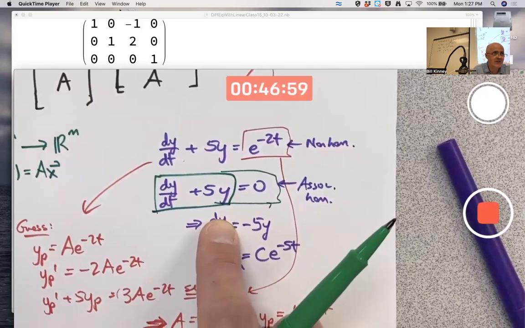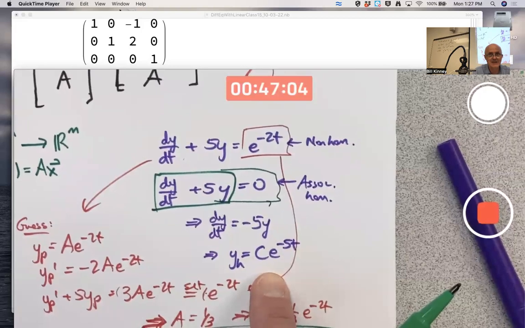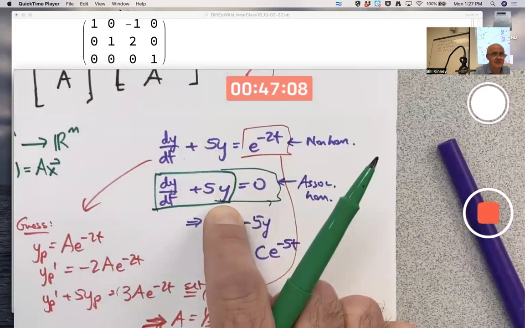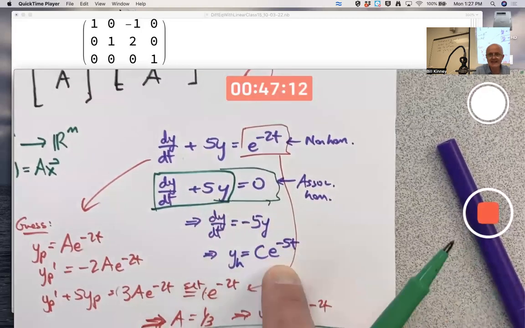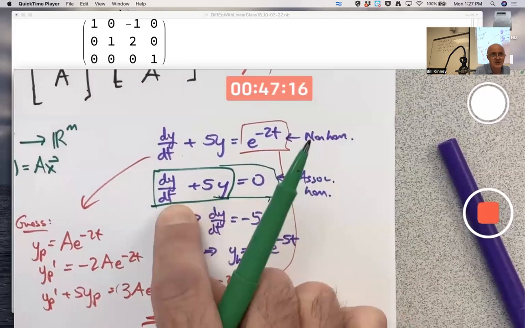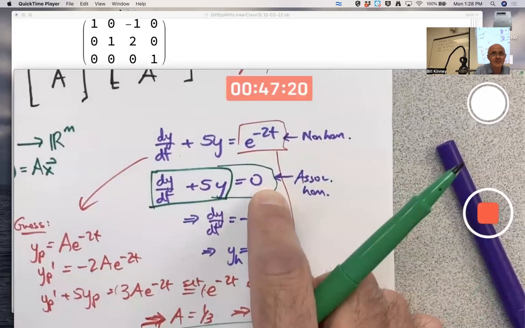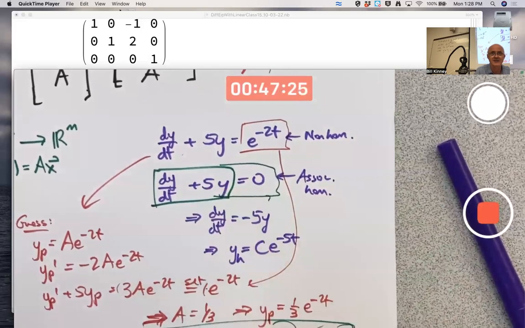Give me an ordinary function, well, like c e to the negative 5t, differentiate it and add 5 times itself. If I plug in c e to the negative 5t into such a thing, if I differentiate it and add 5 times the function itself, I will get 0. This will be an element of the kernel of this linear transformation.